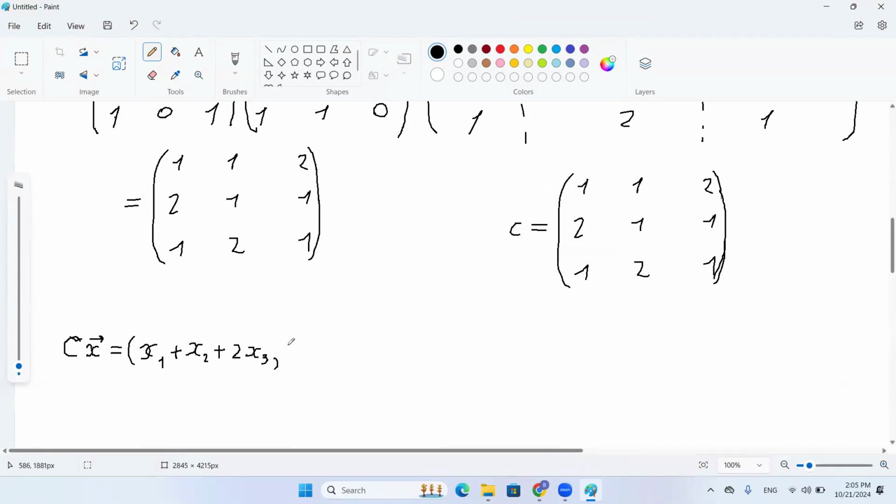And then 2x1 plus x2 plus x3. Then x1 plus 2x2 plus x3.